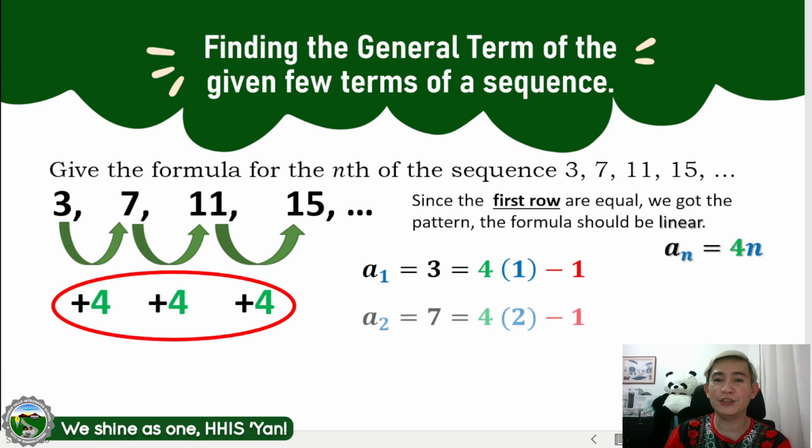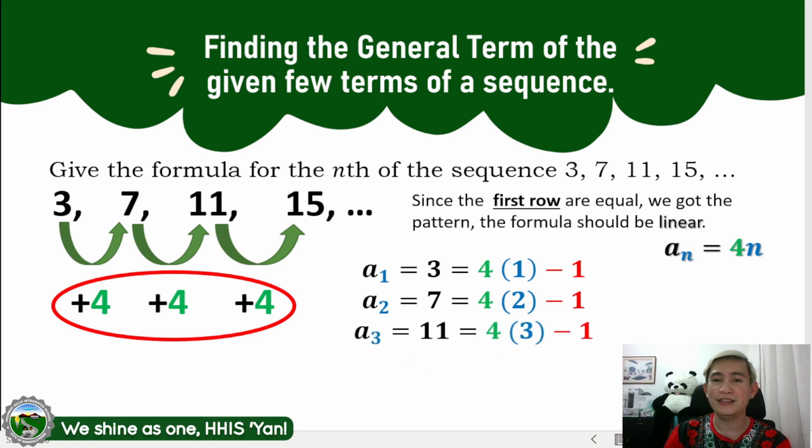So we have to substitute 2 to n. So 4 times 2 is 8, but our second term is 7. So we have to subtract 1 to get 7. Then multiply 3 by 4, so that is 12. But the third term is 11. So we have to subtract 1.